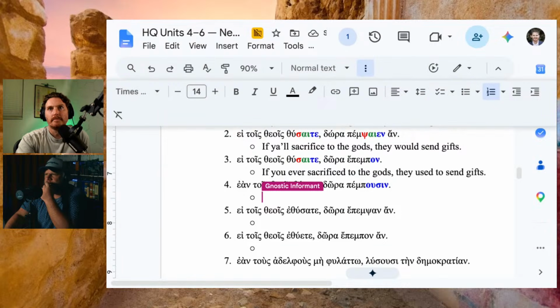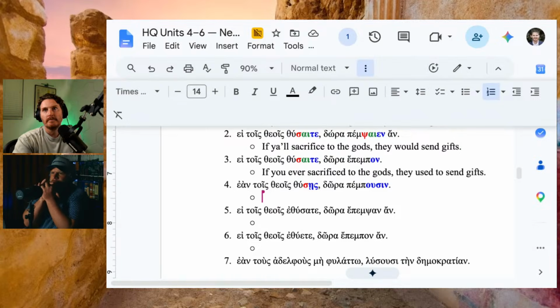Subjunctive. Okay, so then we have dora pempusin, which is third person. Present tense. Is it singular or plural? Plural. And that's indicative mood.